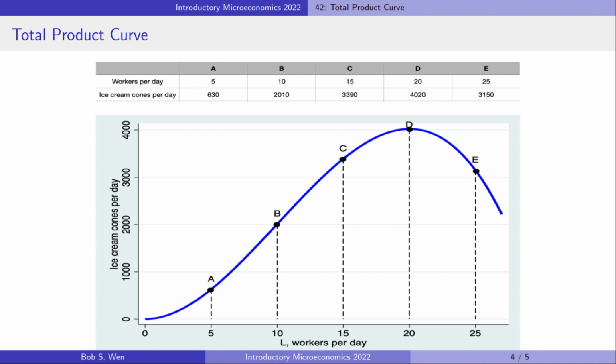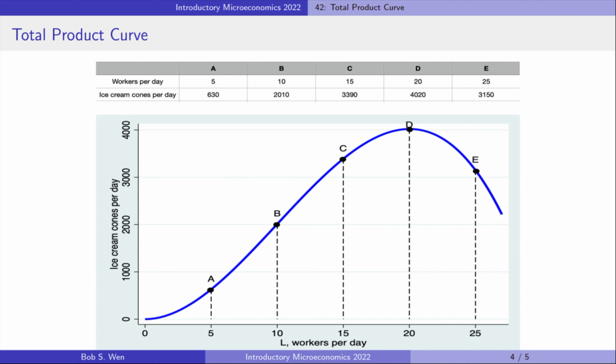The marginal product of labor is the increase in the quantity of output obtained from one additional unit of labor, holding other factors constant. Why is the total product curve not a straight line? Because the marginal product of labor changes as more and more workers are employed.